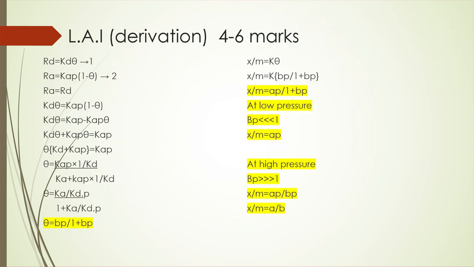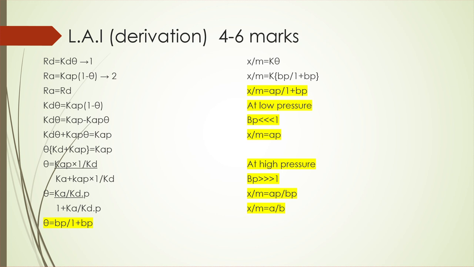Next, Langmuir adsorption isotherm. Langmuir derived a simple adsorption isotherm based on theoretical conditions. He made the following assumptions: the solid surface is homogeneous and has a fixed number of adsorption sites.